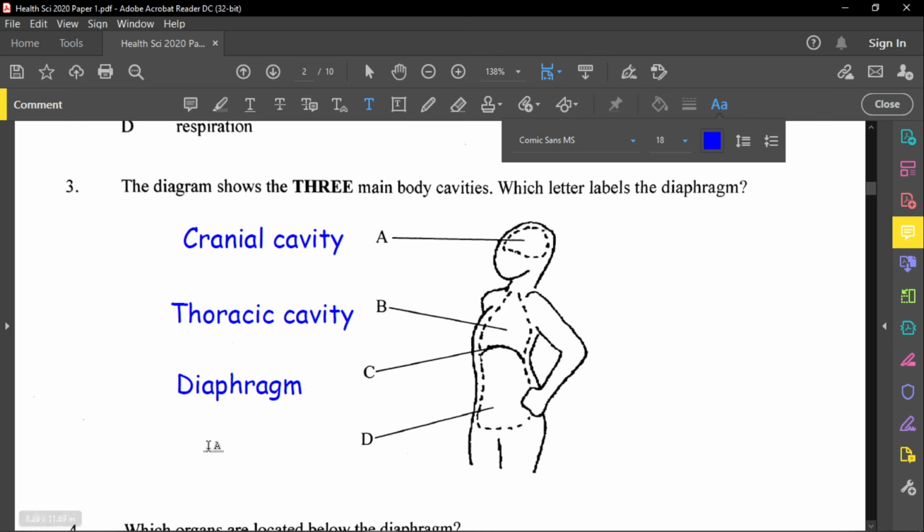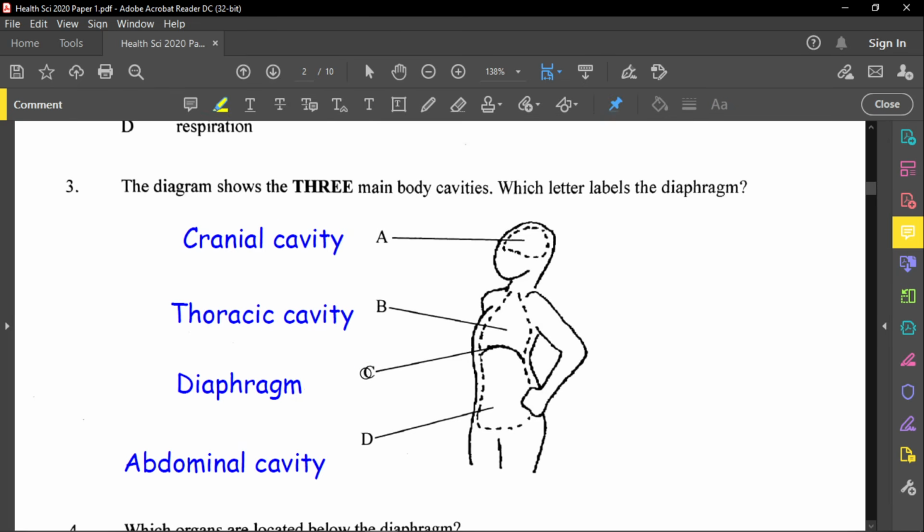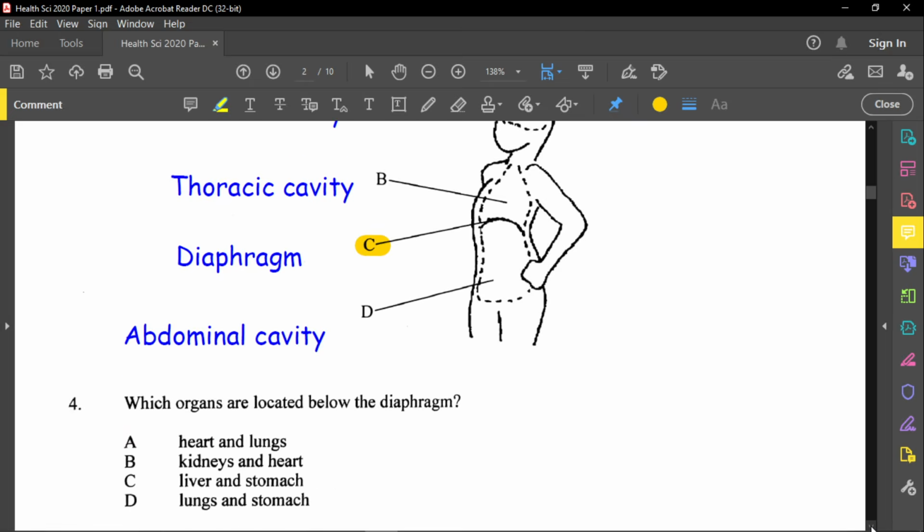And D is the abdominal cavity. So those are our structures. Our answer here is C, because that is the diaphragm. The diaphragm separates the thoracic cavity from the abdominal cavity.